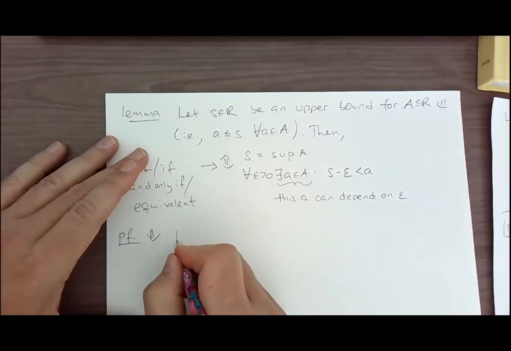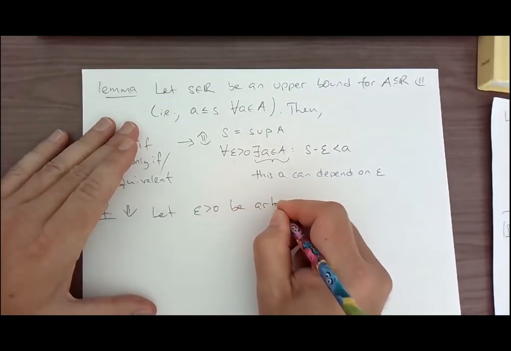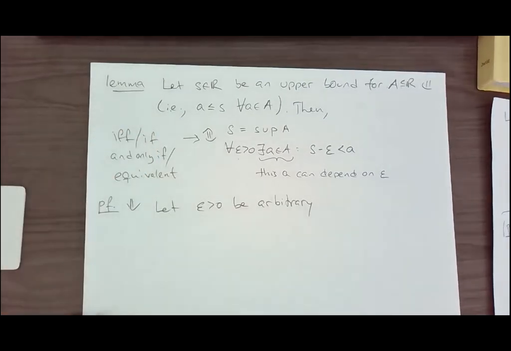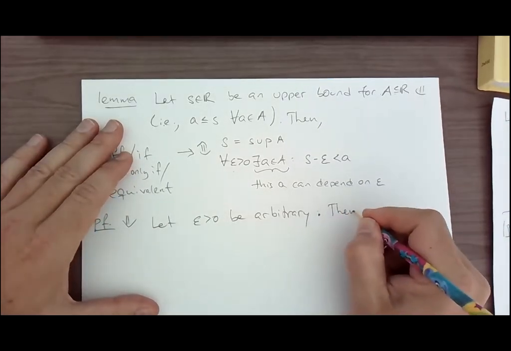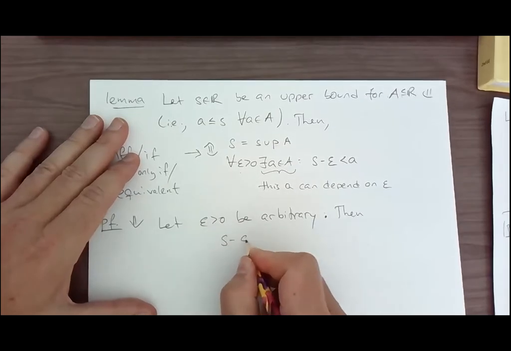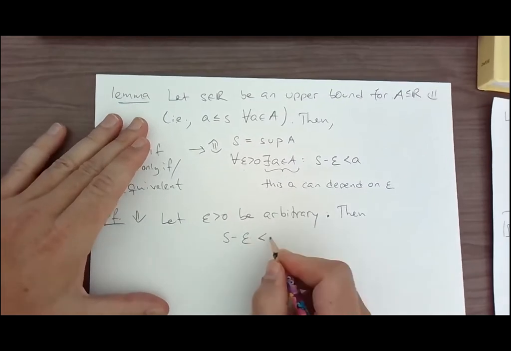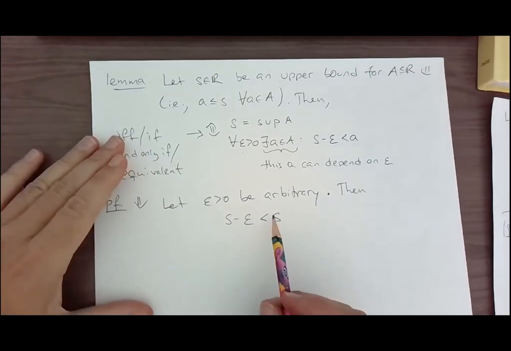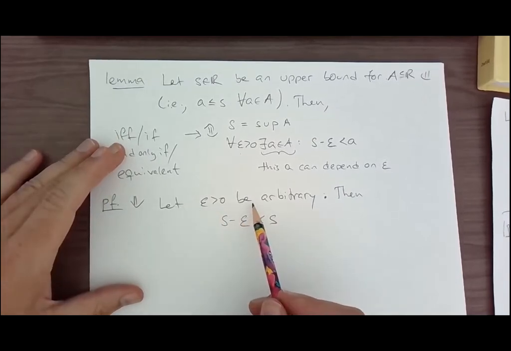Right, so let epsilon be arbitrary. Then it holds that if I take S minus epsilon, this is less than S. Right, so S minus epsilon is less than S, and this is because epsilon is positive.